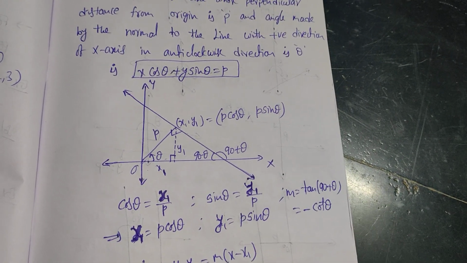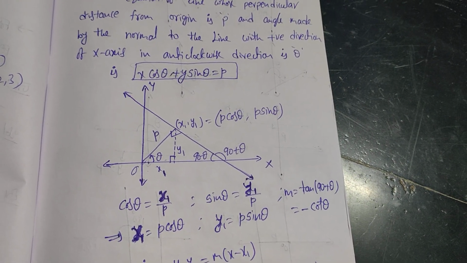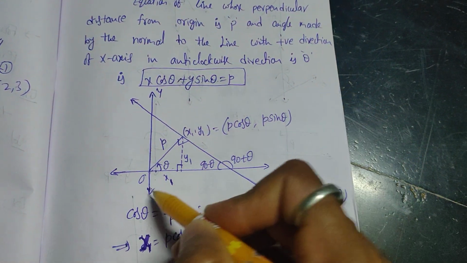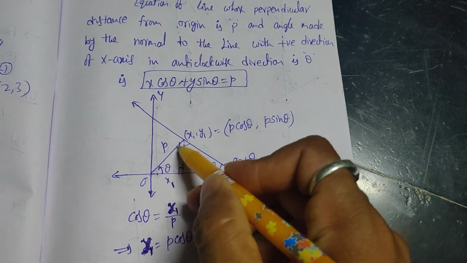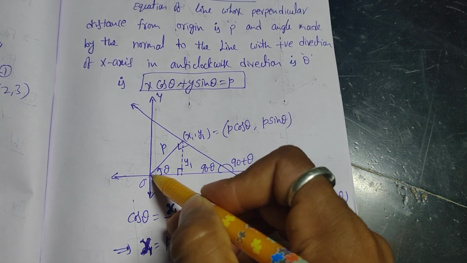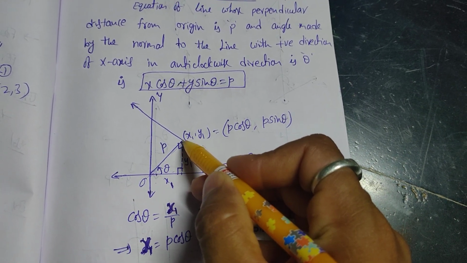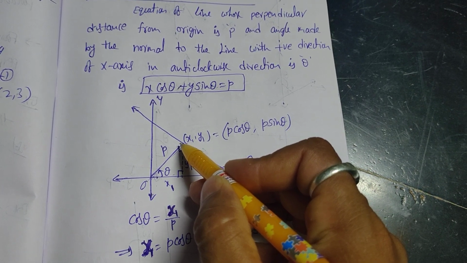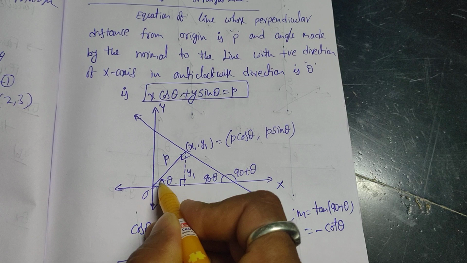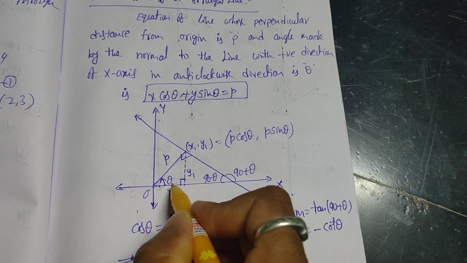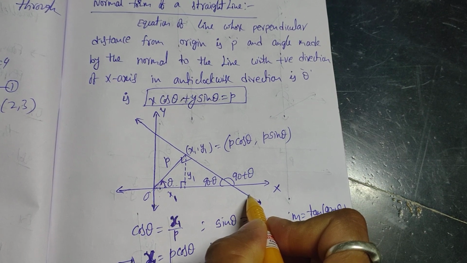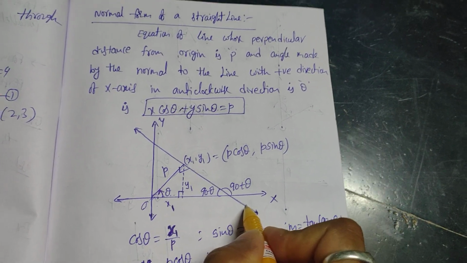So this is the perpendicular to this line from origin. If this normal makes an angle theta with the positive direction of x-axis, then this equation is x cos theta plus y sin theta is equal to p. Very important.